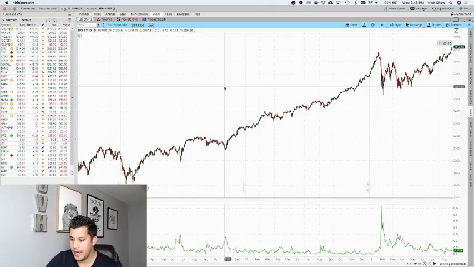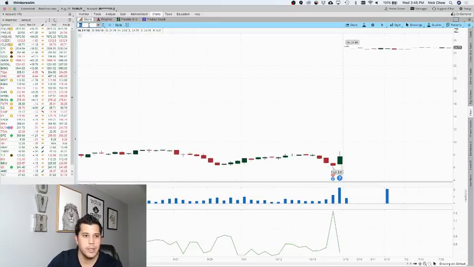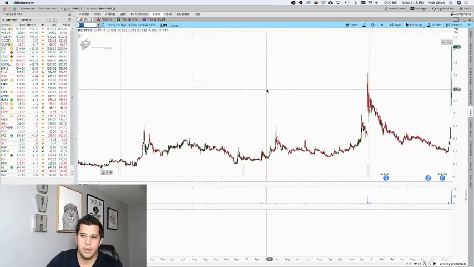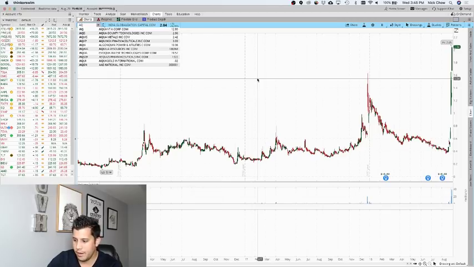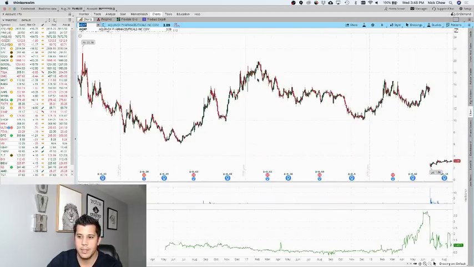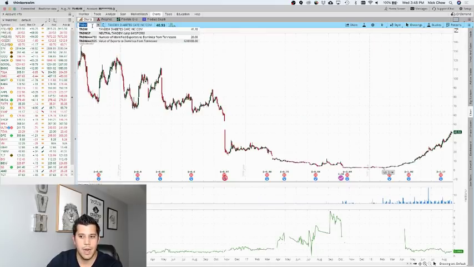Thoughts on IGC and AQXP? I don't really trade these kinds of stocks. Penny stocks, I don't trade. As you can see here, most of the stocks that I trade are on my left-hand side. I do have some stuff like TNDM, which is a diabetes company, and they went from $2 to $40.